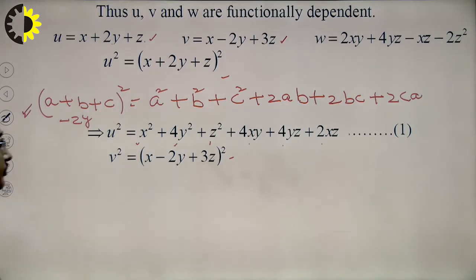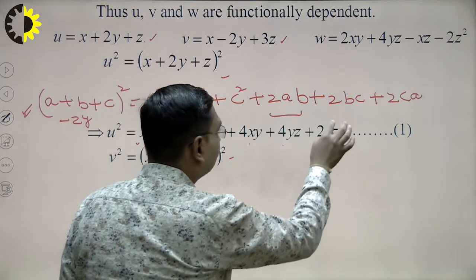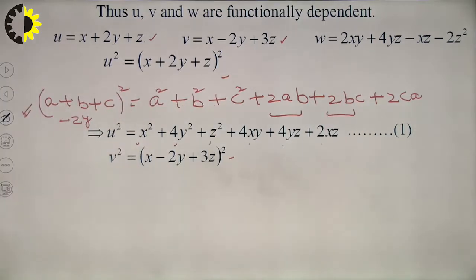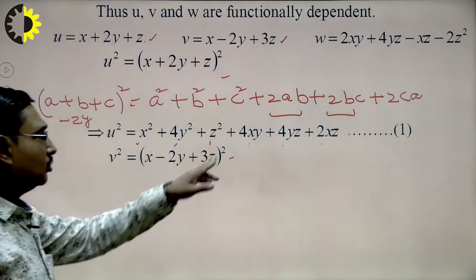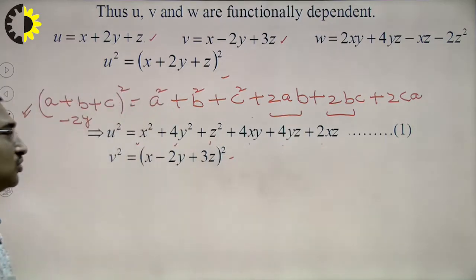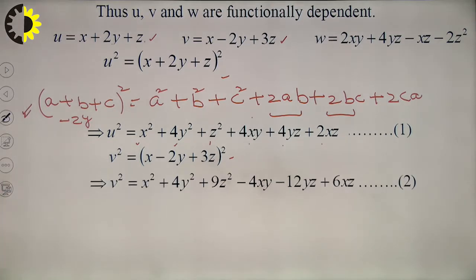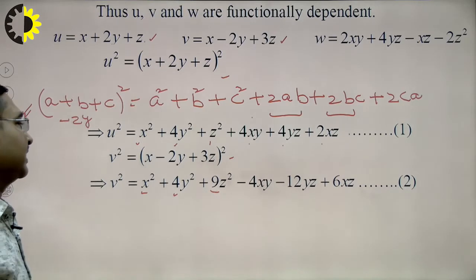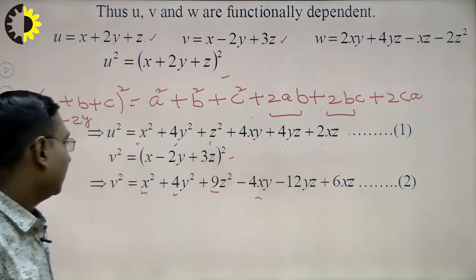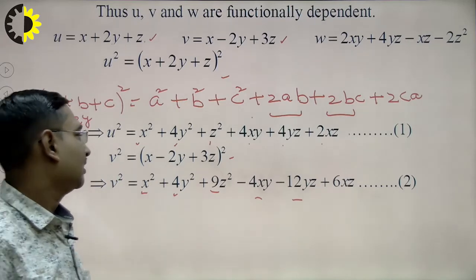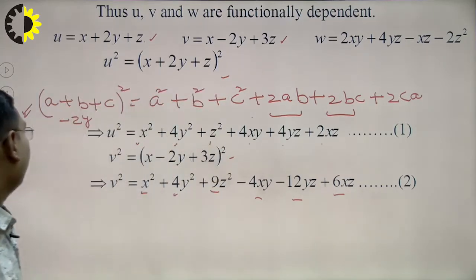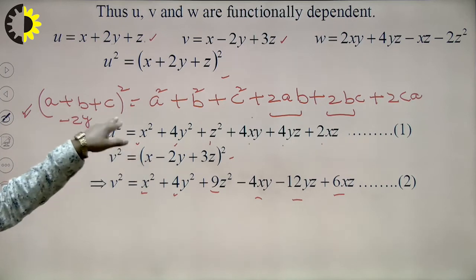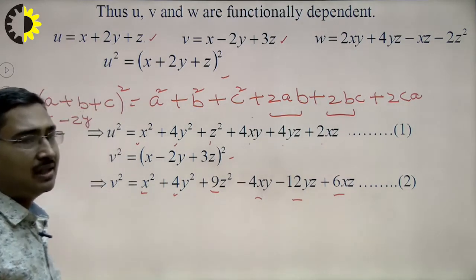By doing so, the terms 2ab and 2bc will become negative because b is negative. Squaring x minus 2y plus 3z whole square gives x square plus 4y square plus 9z square minus 4xy minus 12yz plus 6xz. If I substitute a equal to x, b equal to minus 2y, c equal to 3z, I will obtain this expression.